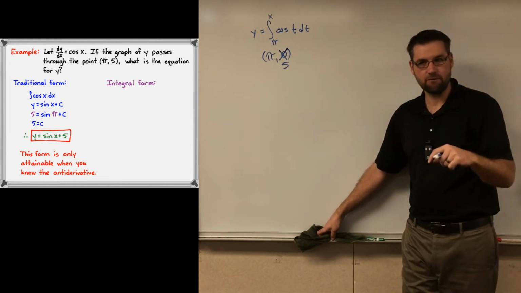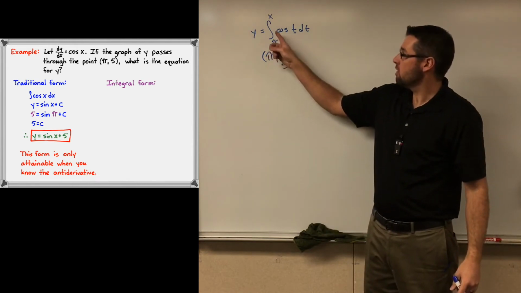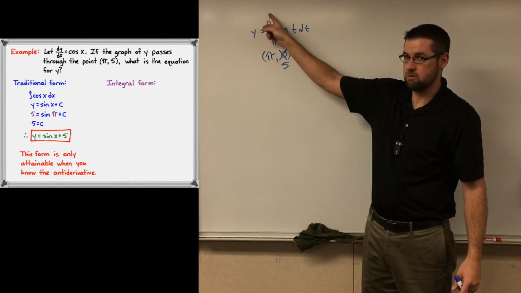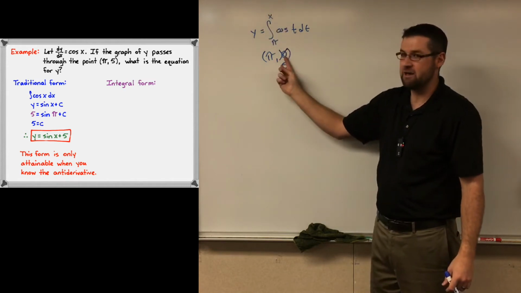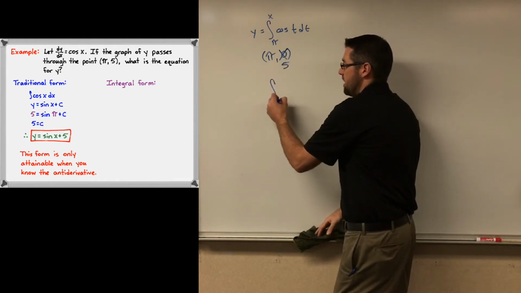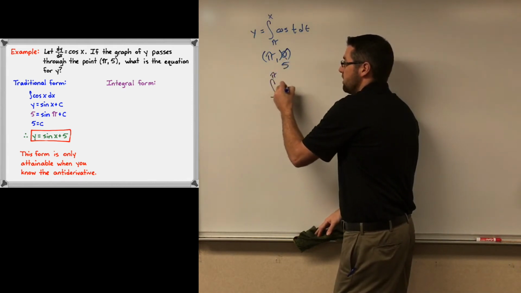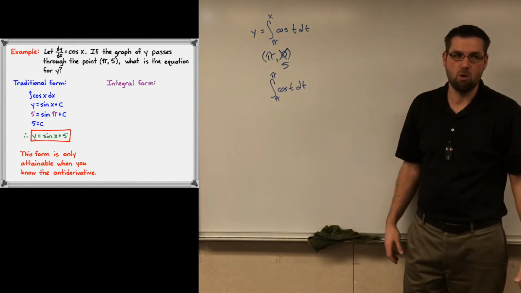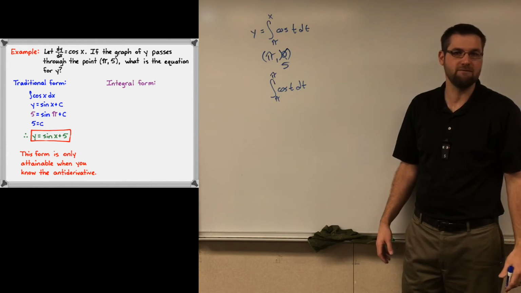So what is the difference between plugging pi in here? Because how do I find the y value when I'm dealing with any function? Just plug in the x value, right? So if I plug in the x value, I get the integral from pi to pi of cosine of t dt. So that's not what I want. That's 0. So how do I get 5 out of it?